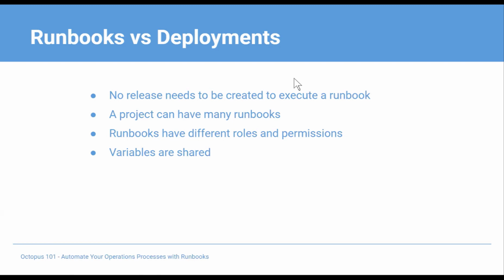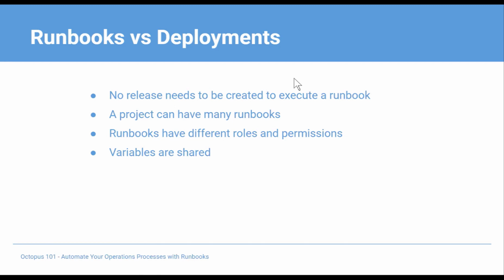And the nice thing is your variables are shared. So we've talked about differences, but for some of the commonality, your variables for your project and any library variable sets that have been imported into that project are shared, which is great because you don't have to redefine all of your configuration. You can use that same connection string that your application uses for deployment in your runbooks. I absolutely love that feature. You can create things at a library variable set, but you're still having to create project variables.